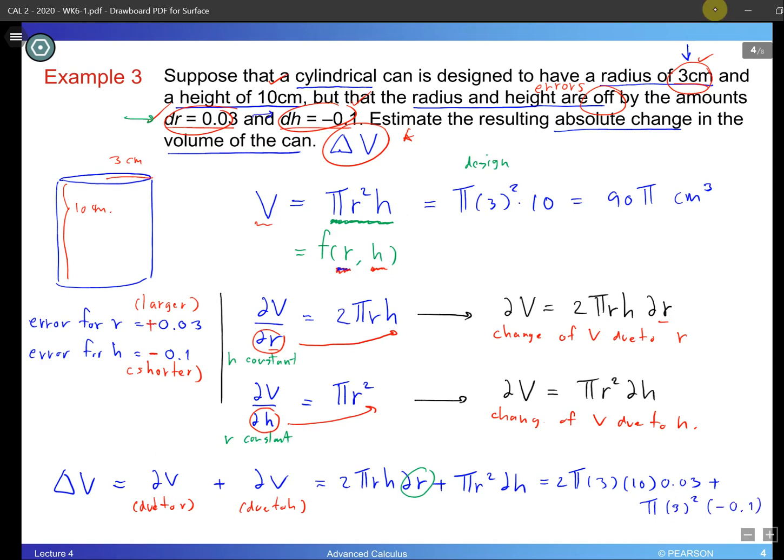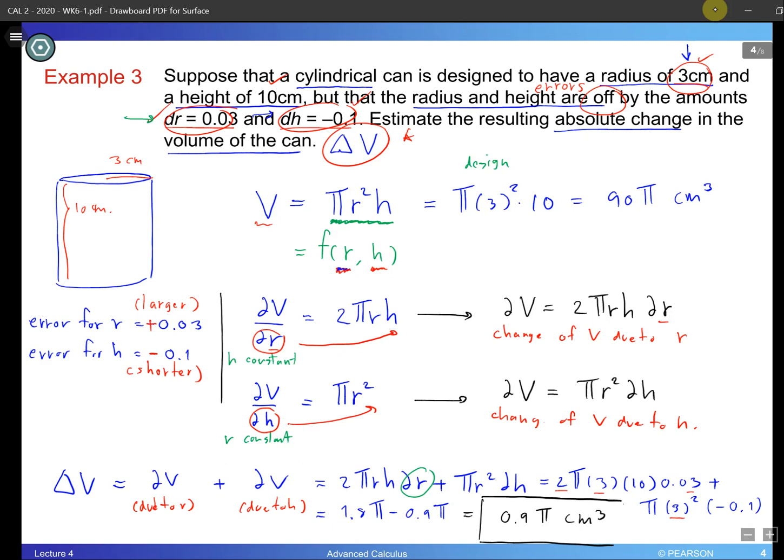So in the end right here we have 1.8 pi minus, let me check, 9 right here. So it's going to be minus 0.9 pi. So in the end we have 0.9 pi cubic centimeters as the final answer.